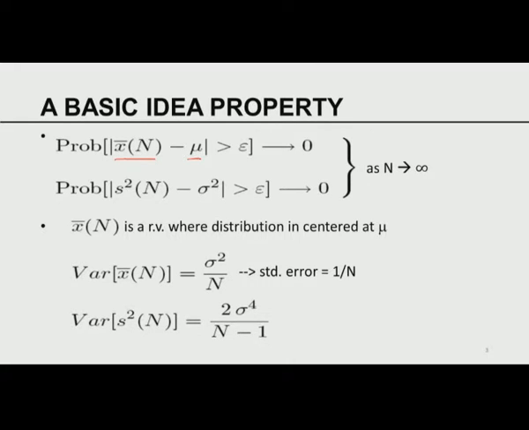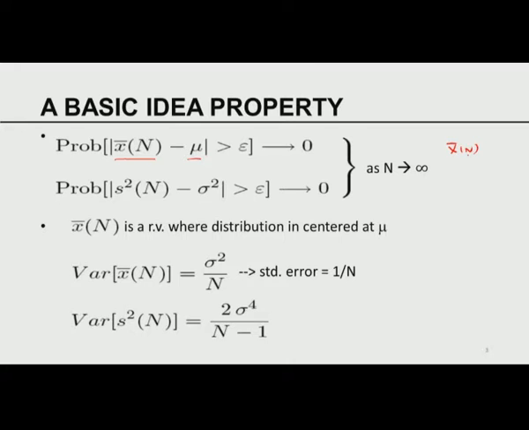So what does it mean? x bar n is a random variable, it is an estimate. An estimate is a random variable, and it has a distribution. The estimate has a distribution whose mean differs from the original mean mu by smaller and smaller quantities as n, the number of samples, goes to infinity. That is what is called the consistency condition that we have seen earlier.